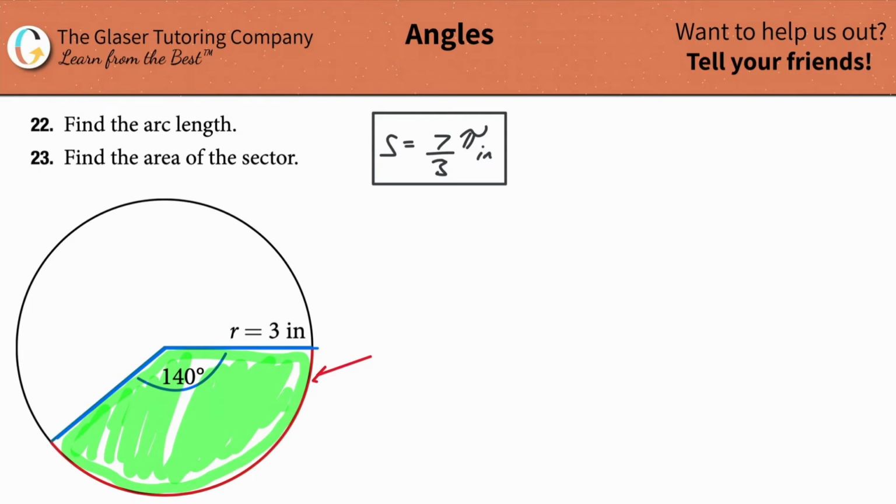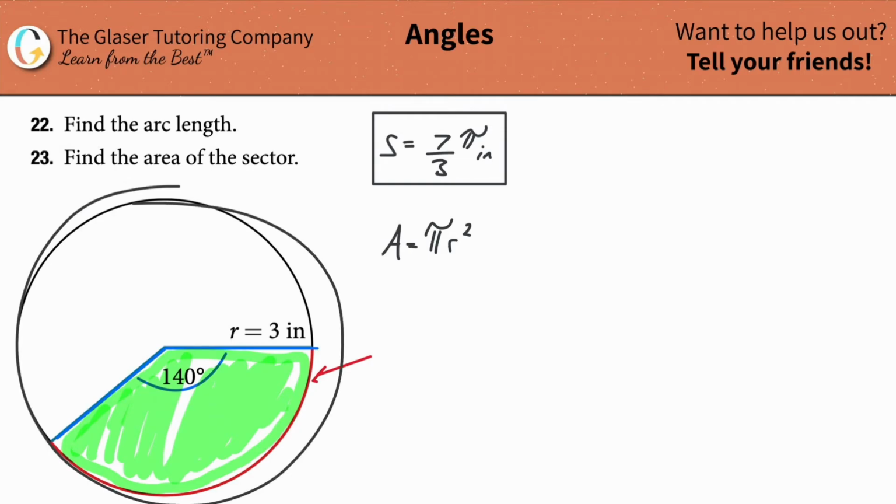Now, how do we find that? Well, we can think about it in the following way. If we know the formula for area of a circle, what's the formula for area of a circle? It's simply pi r squared. This is the area of a full circle, meaning this whole thing. All you need to know to find the area of the whole thing is just the radius.